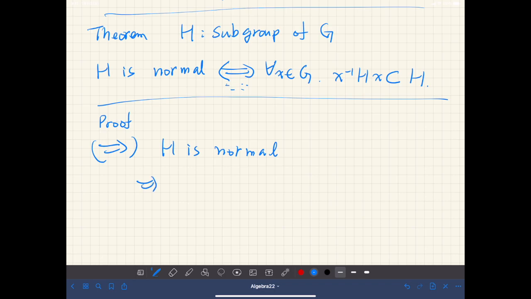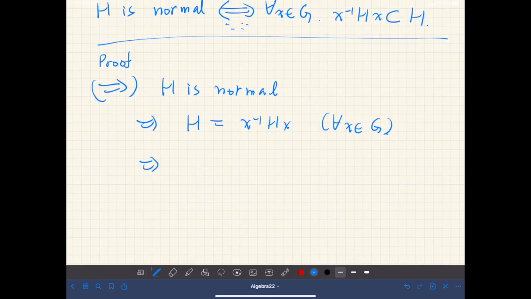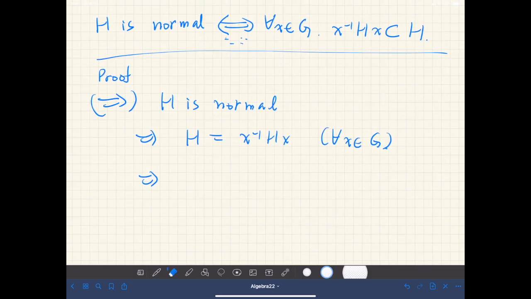Then this implies that, by definition, H is equal to x inverse Hx for all x in G. So in particular, if two sets are equal, that means the left hand side is a subset of the right hand side, and the right hand side is a subset of the left hand side.